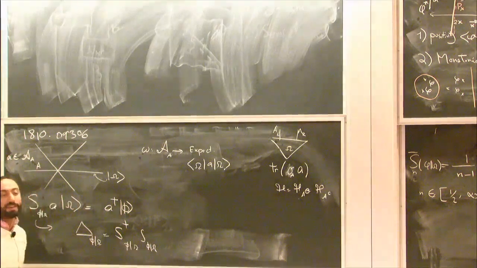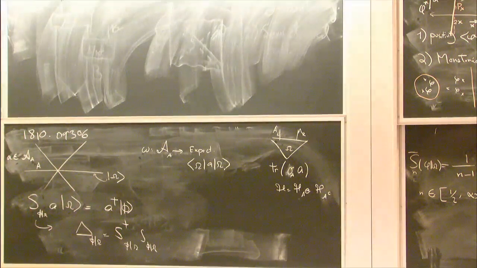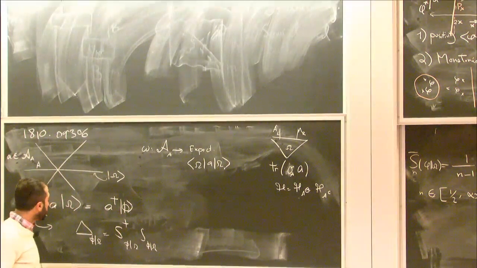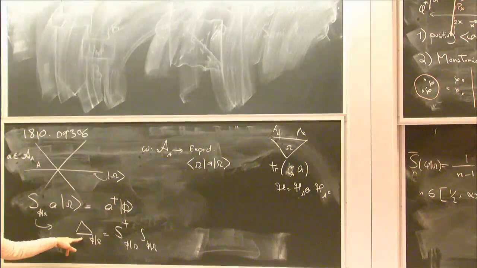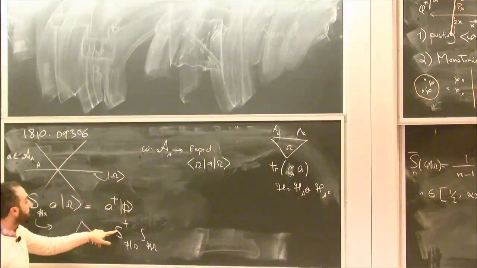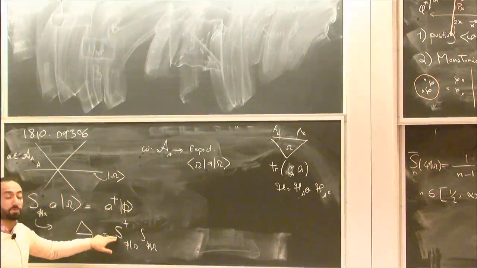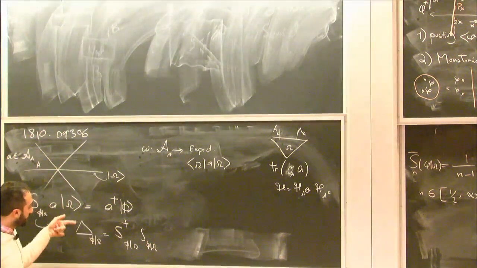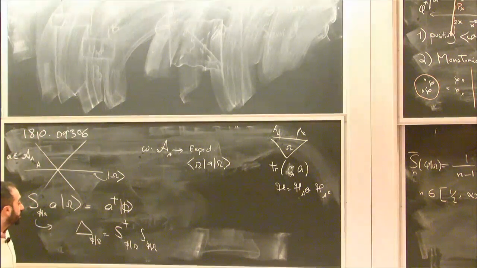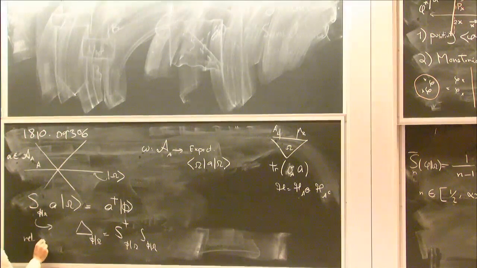Its action on the dense domain, sorry, that's what I meant. So now I'm replacing this with this closure. But this is what the operator is. This is a so-called relative modular operator.